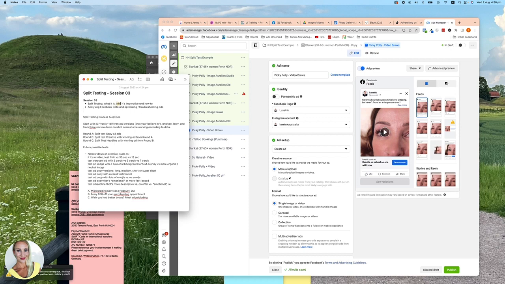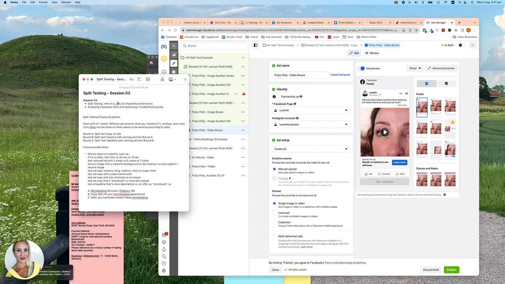If you just run one ad all the time, you're not going to know if it's successful or if it could be more successful. So it's just a constant process of testing variations of what we think is working, essentially.